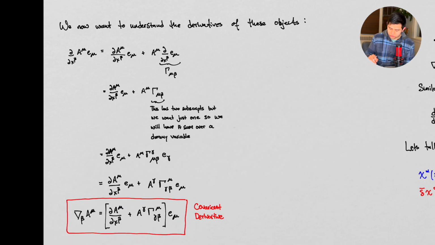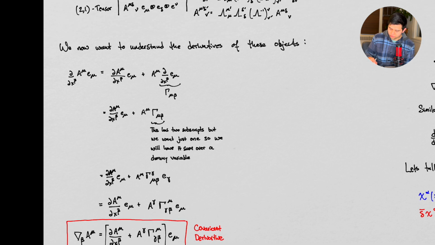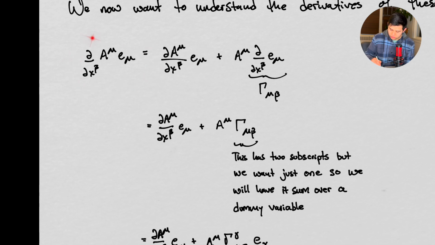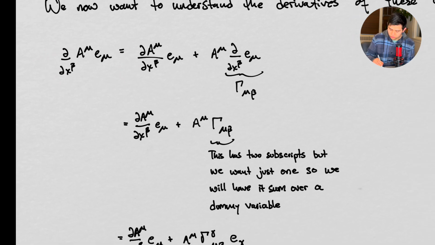Okay, so now we want to understand the derivatives of these objects. So how do we do that? To start off, we're going to talk about the derivative of a vector. Okay, and the way we're going to do that is, here's our derivative. And we really just use the product rule. So we take the derivative of the components and then take the derivative of the basis.